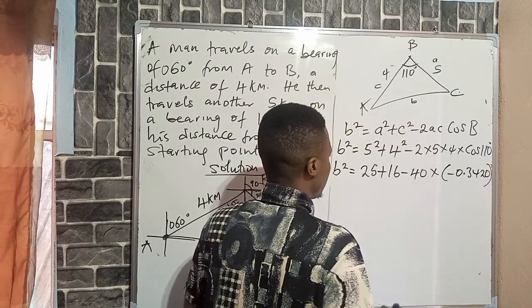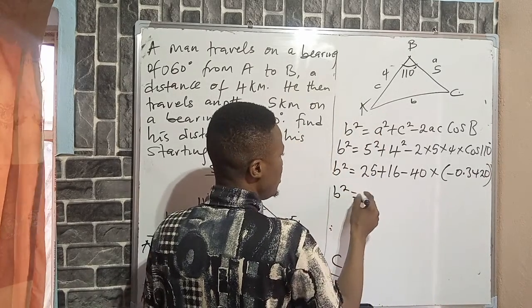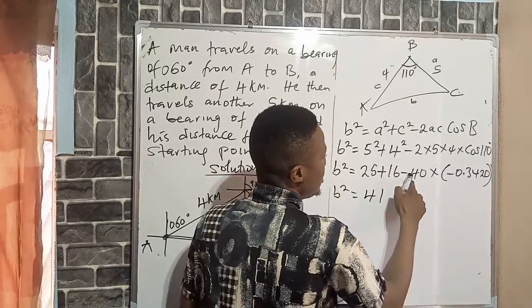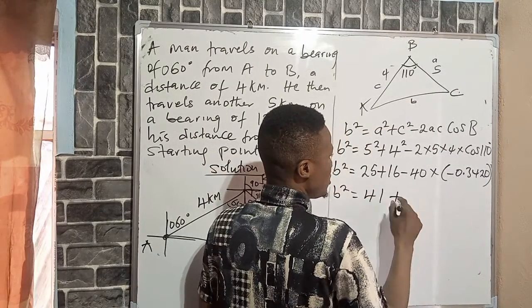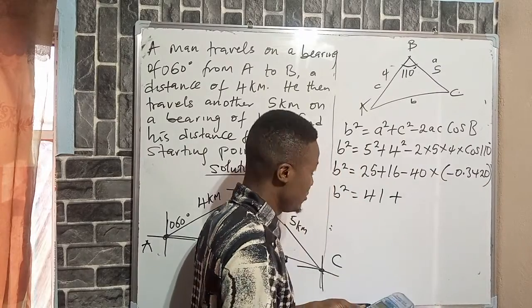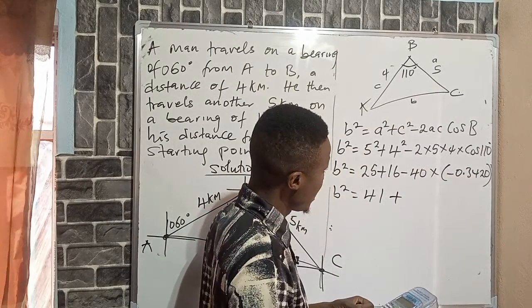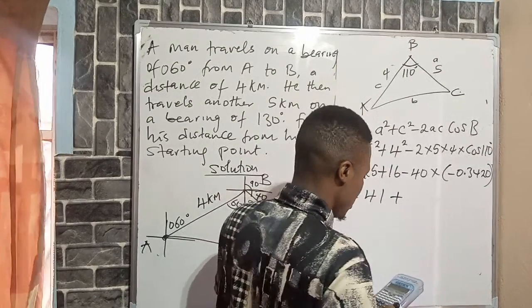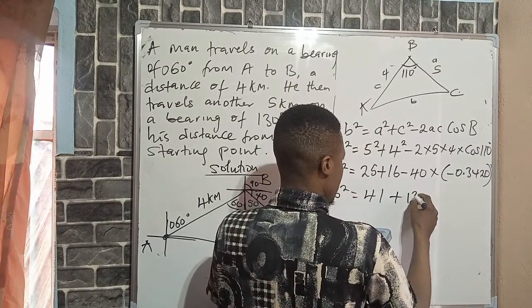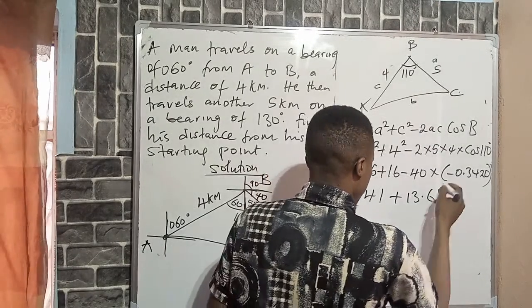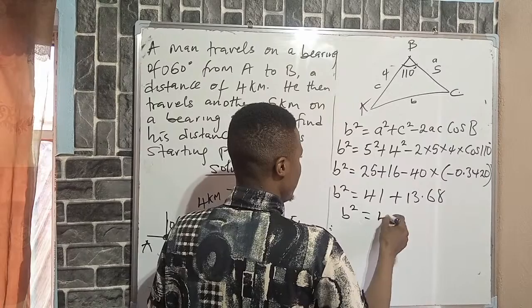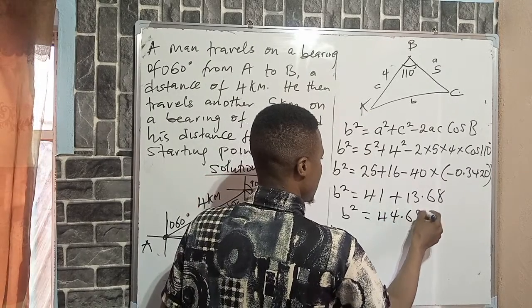0.3420. So b squared will now be 25 plus 16, which gives us 41. Minus times minus is plus. So 40 times this positive value, 40 times 0.3420, will give us 13.68. So you add up and you shall get 54.68.